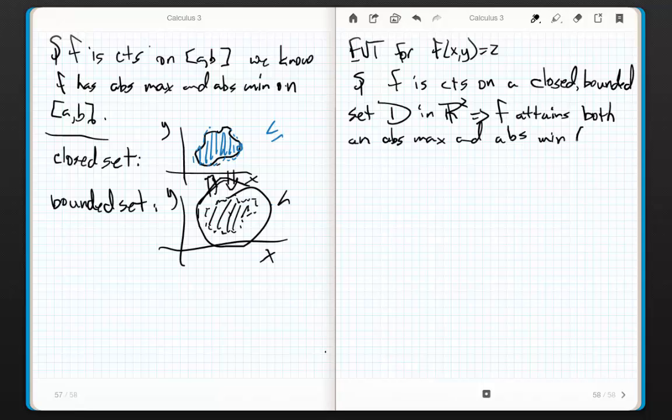Now, I'm going to write these as f of x1, y1, which is what your textbook does, and f of x2, y2, respectively.